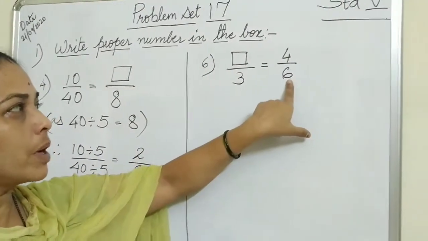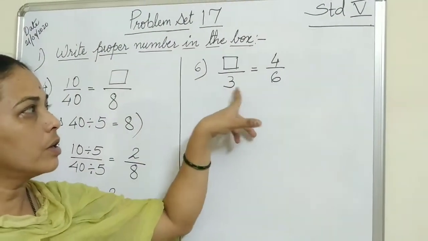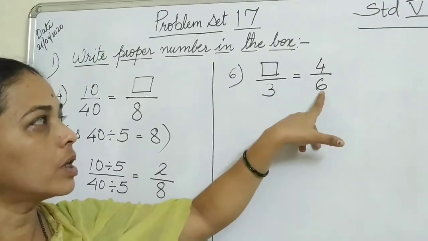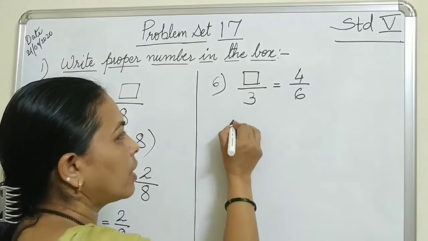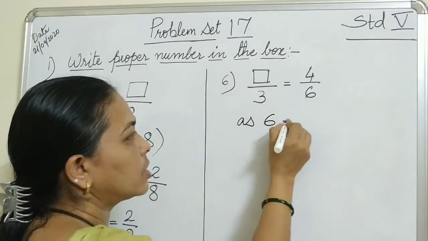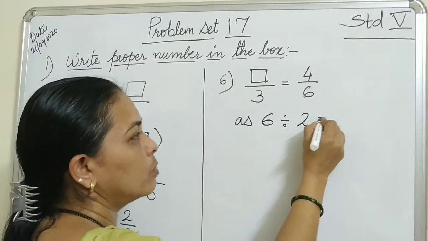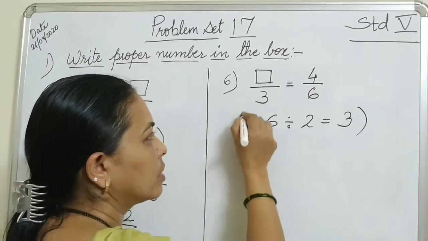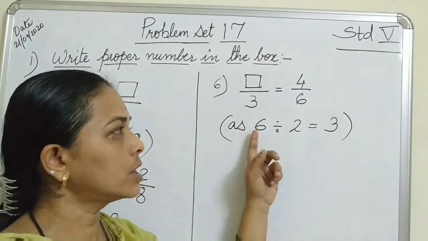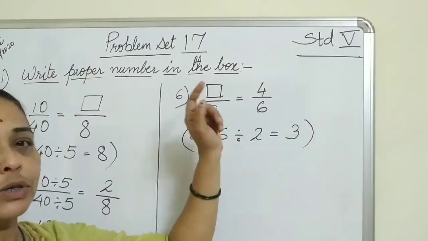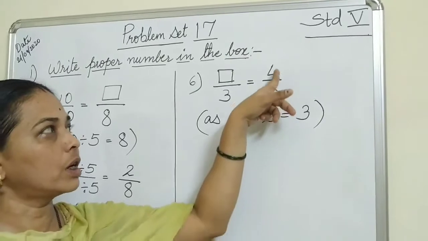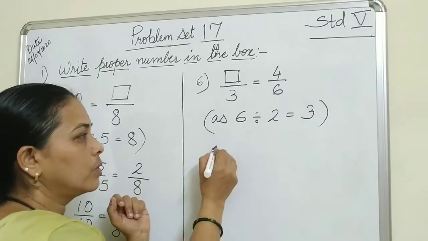See here, compare the numbers 6 and 3. 3 is a smaller number than 6. So naturally you have to divide this 6. So let's divide, as 6 divided by 2 is equal to 3. Isn't it? 2 3s are 6. So both these numbers should be divisible by 2. When you are taking 2, see that both the numbers are divisible by 2.